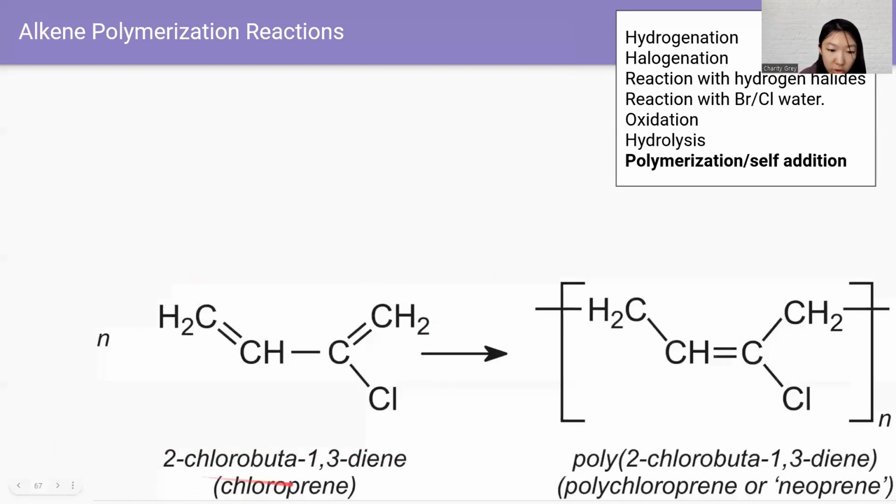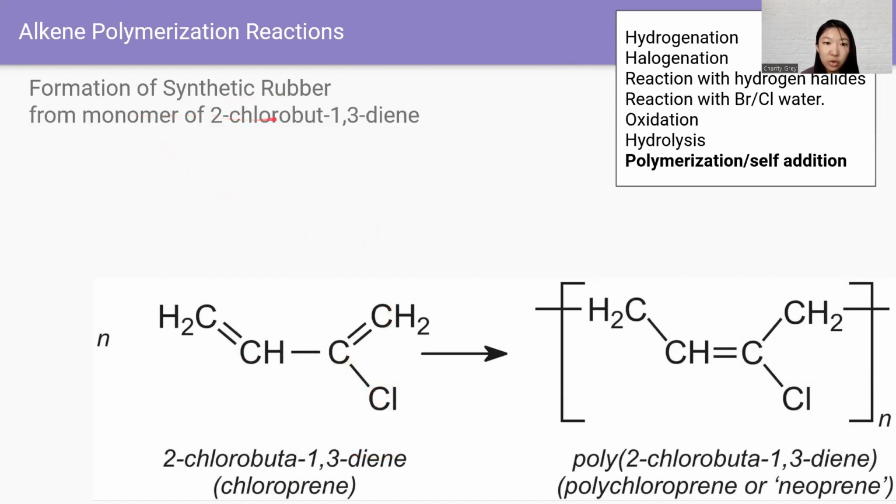This is 2-chlorobutyl-1,3-diene. This is very similar to what we just saw, except that the monomer had a 2-methyl group instead of a 2-chloro group. All we did was change the methyl group to the chloro group. So this is very similar to natural rubber, but this is synthetic rubber, because we have this chlorine group instead of the methyl group in natural rubber.